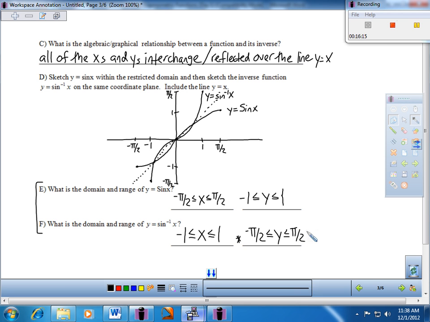So when you type an inverse sine of any number in the calculator, if it's possible, it will only give you an answer in between negative pi over 2 and pi over 2. That's the key. Remember a function, everybody, and this is a key thing conceptually. Each input can produce one output, and we'll talk about this piece on the back side. So that's what a function is, and that's why we're taking the time to define the inverse as a function. So each input can produce a sole output.